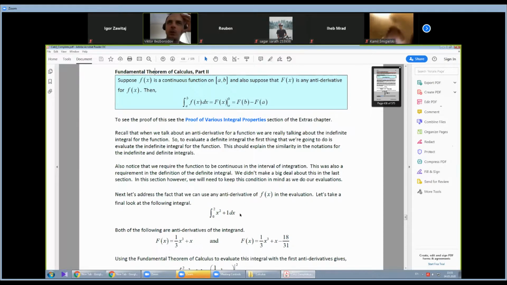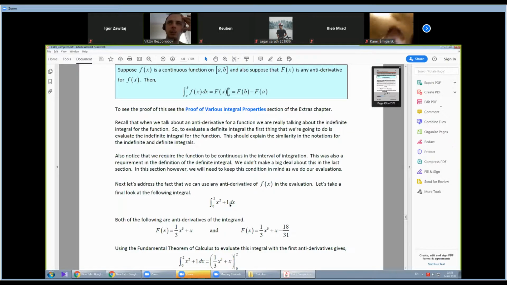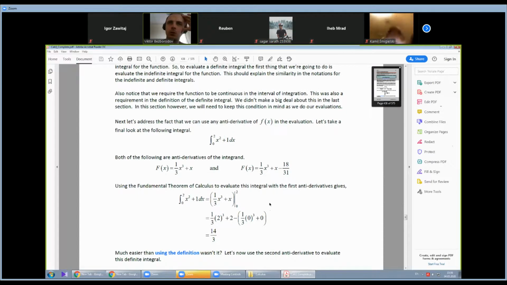Okay, so let's go to this integral, which we discussed a little bit at the beginning already. So we remember the antiderivative, right? And so you use this, for example, as antiderivative, and this is what you get, right? Of course, the antiderivative is not uniquely defined.